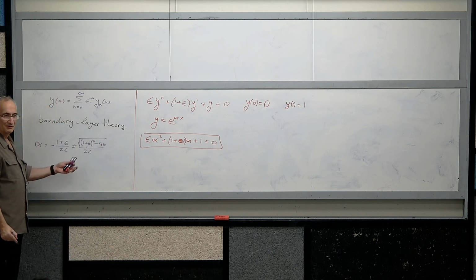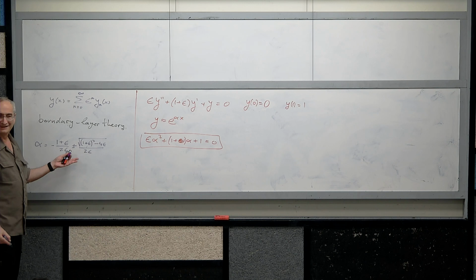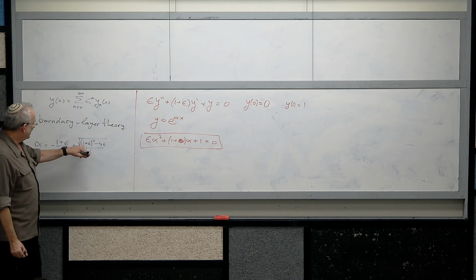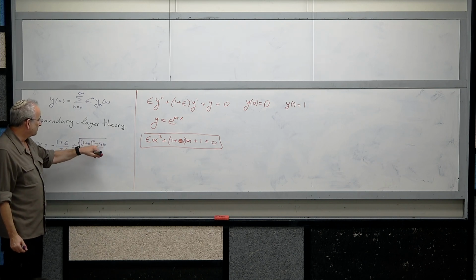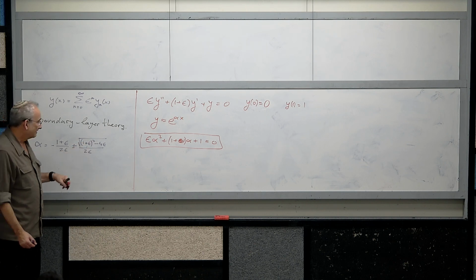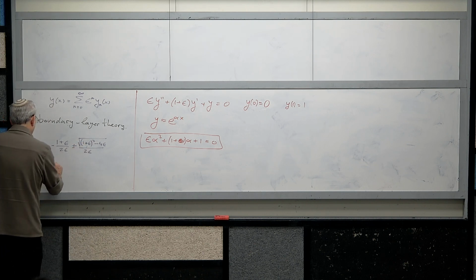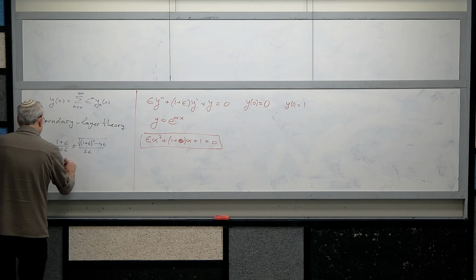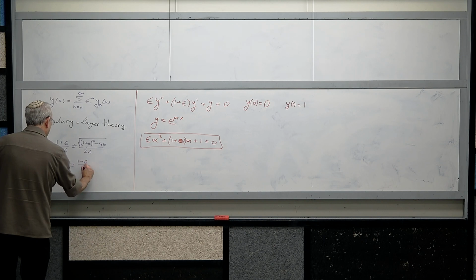Now, the trick, just in order to make things easy, is that 1 plus epsilon squared minus 4 epsilon is 1 minus epsilon squared. So I will have minus 1 plus epsilon divided by 2 epsilon plus minus 1 minus epsilon divided by 2 epsilon.